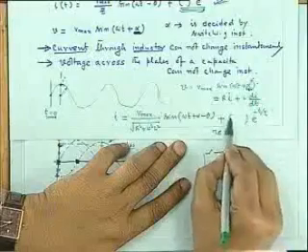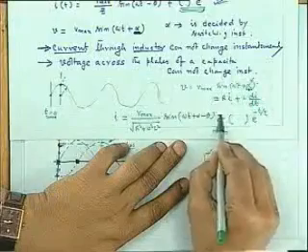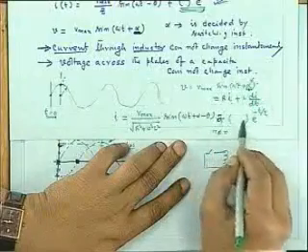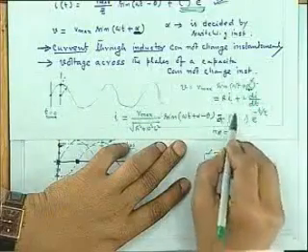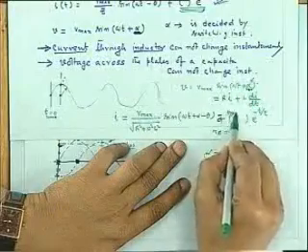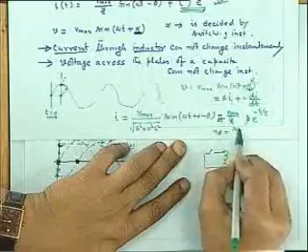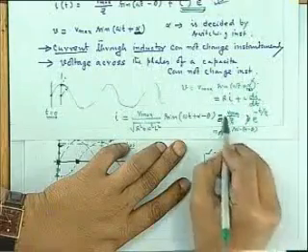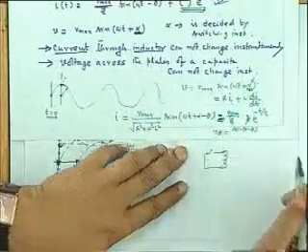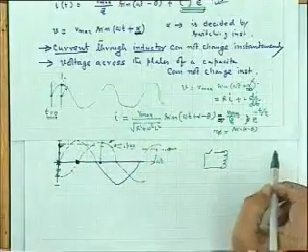For example, the magnitude of this term, I can straight away write by inspection, not doing any mathematics. This will be V max by Z into sine of alpha minus theta, preceded by a negative sign.